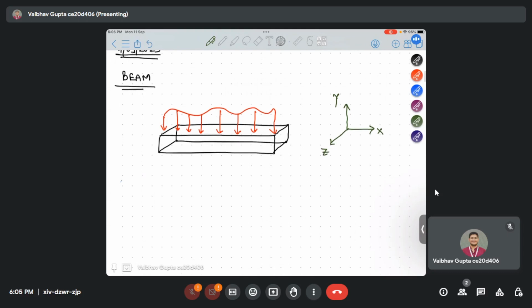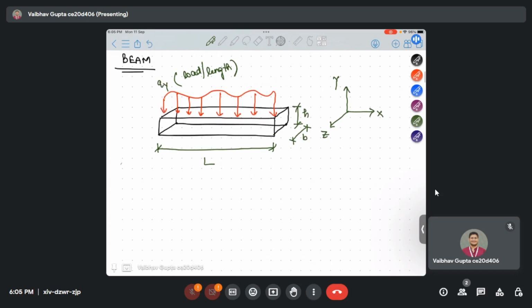So loading is acting in the y direction. So this is qy. The unit is load per unit length. This will be our length L, height h, and width d. Okay, so we can represent this beam like this also.